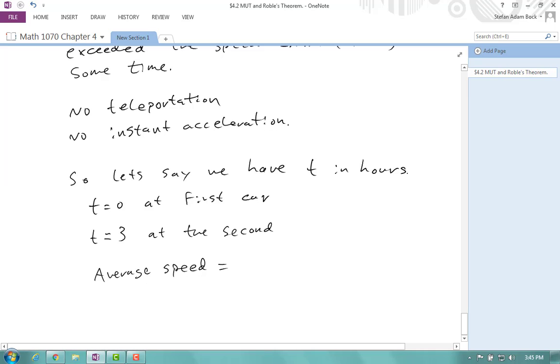Oh dear, I have made a mistake. I said t was in hours, but 3 is in minutes. So what is 3 minutes in hours? This should be 3 divided by 60, because 3 minutes out of an hour is 3/60ths of an hour. So his average speed should read s of 3 over 60 minus s of 0, all over 3 over 60 minus 0.